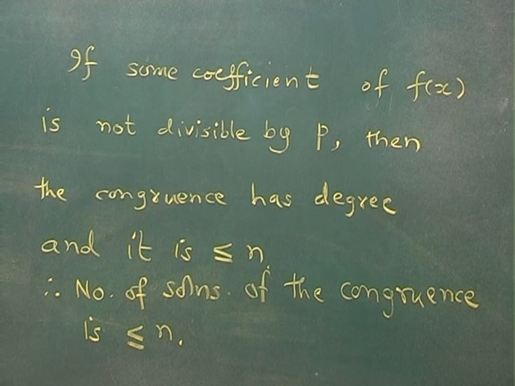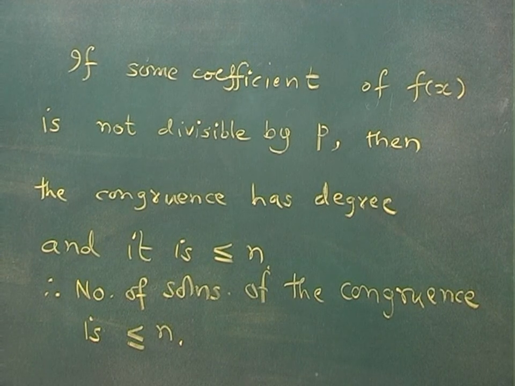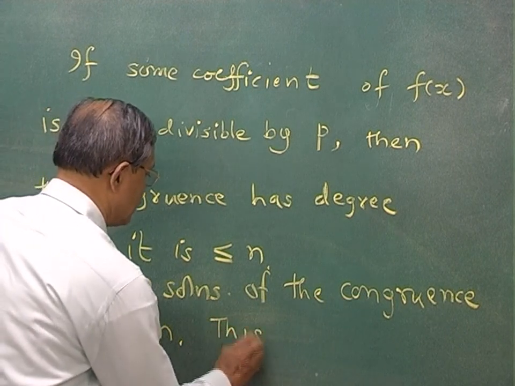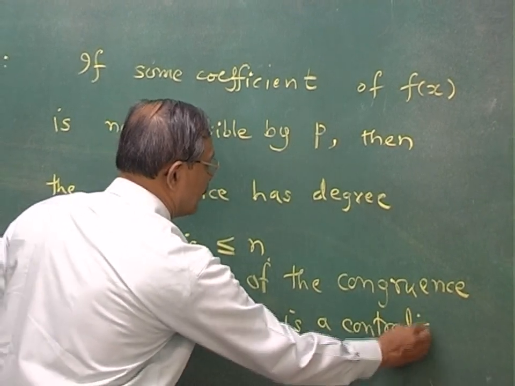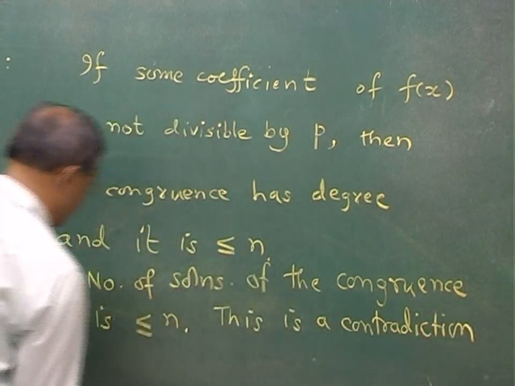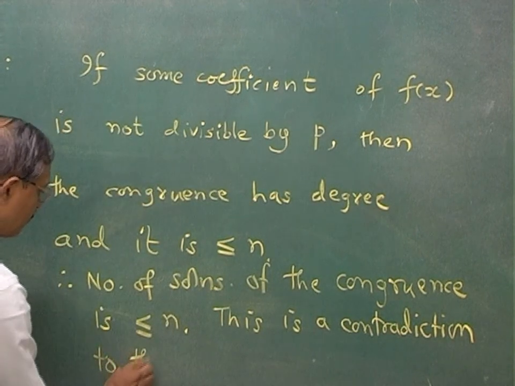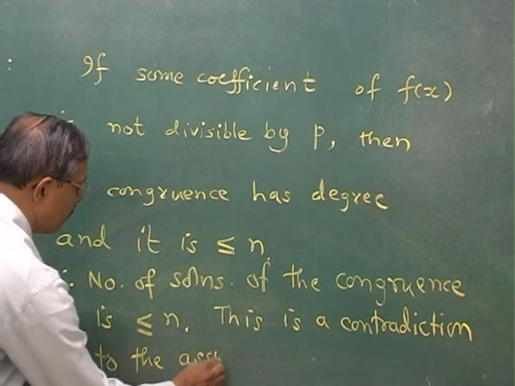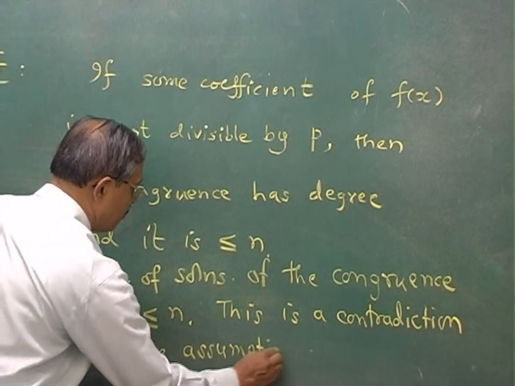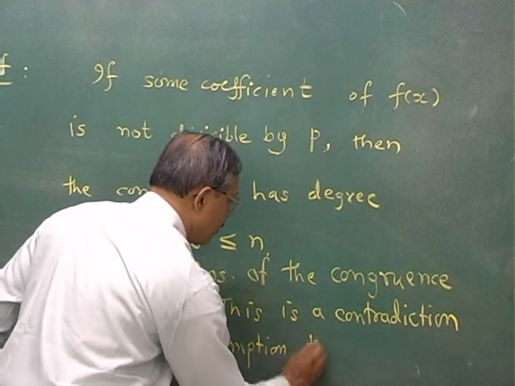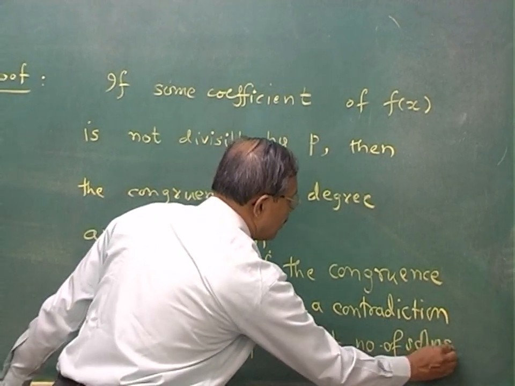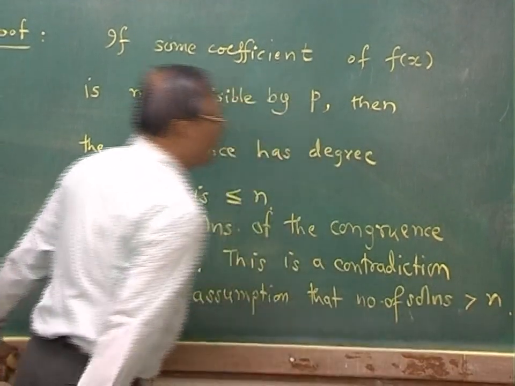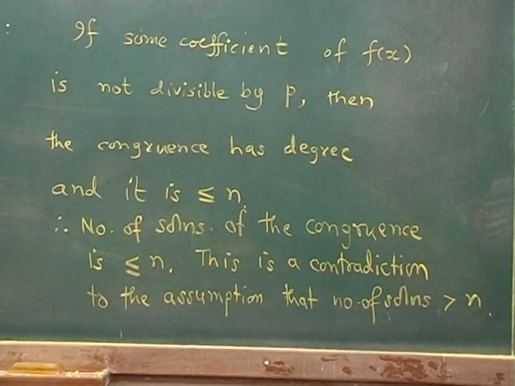Now it is given that the congruence has more than n solutions, so we get a contradiction to the assumption that the number of solutions is more than n, more than the degree.